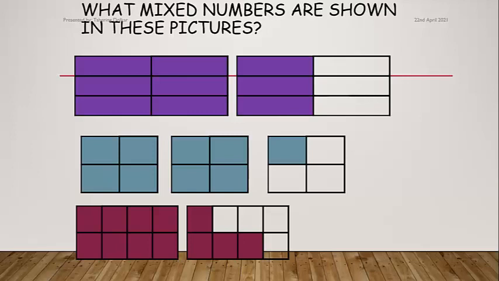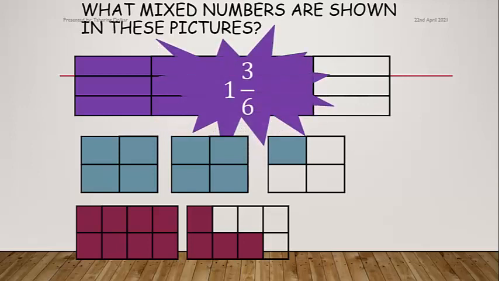So what does it mean? It means 1 whole and then 3 out of 6 is shaded. So this is a mixed fraction. So we are looking at the picture and then we are trying to represent it using a mixed fraction.